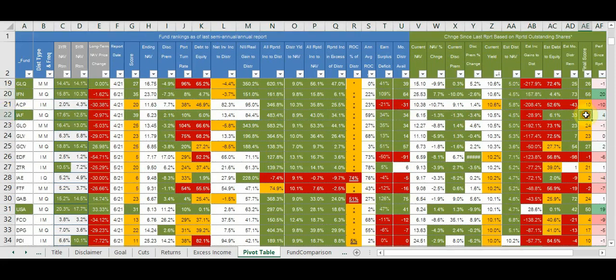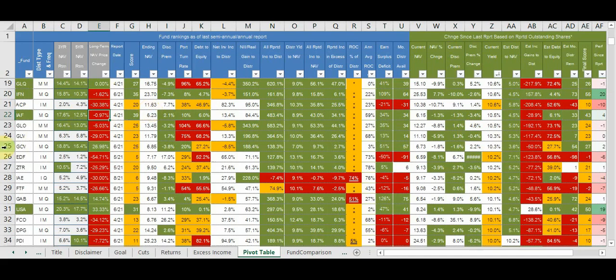You can see it has a final score of 43, estimated monthly distributions remaining of 33, 10.5% yield, a 39 score, and it's down only 0.97% over the long-term NAV price change. And that long-term NAV price change is a 5-year period, unless the fund is younger than 5 years, then it'll be whatever time frame is available.